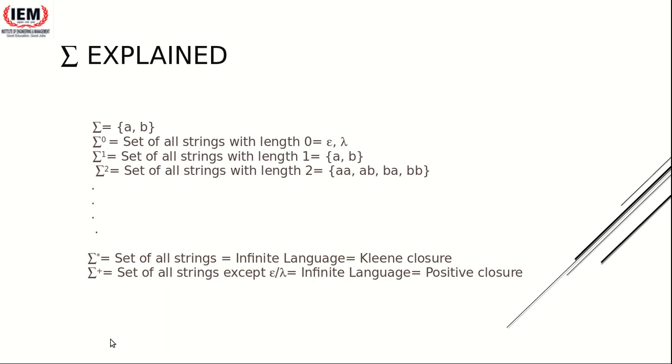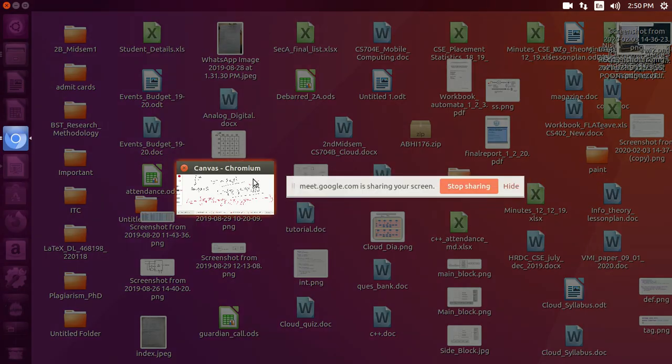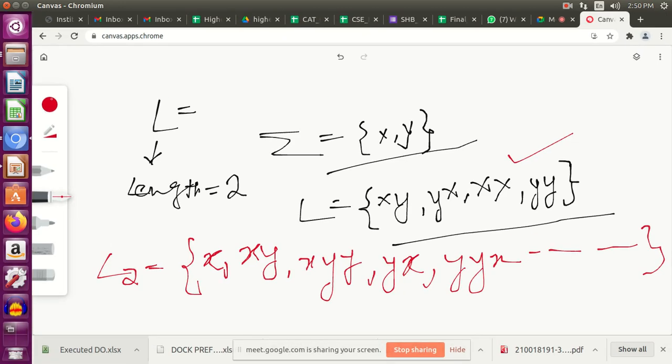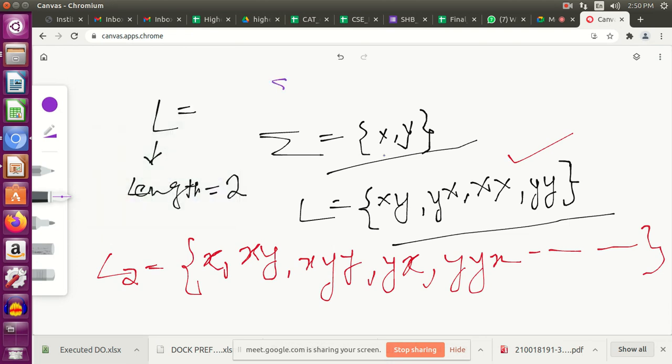So let me elaborate this for your better understanding. Suppose this is my alphabet set x comma y. My alphabet set remains same, and I am to design sigma star for x comma y. So my sigma star will contain lambda for null, for 0 length strings.